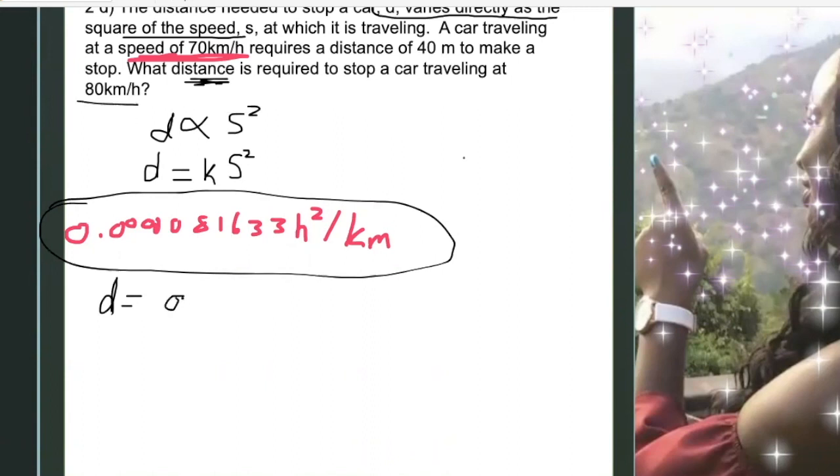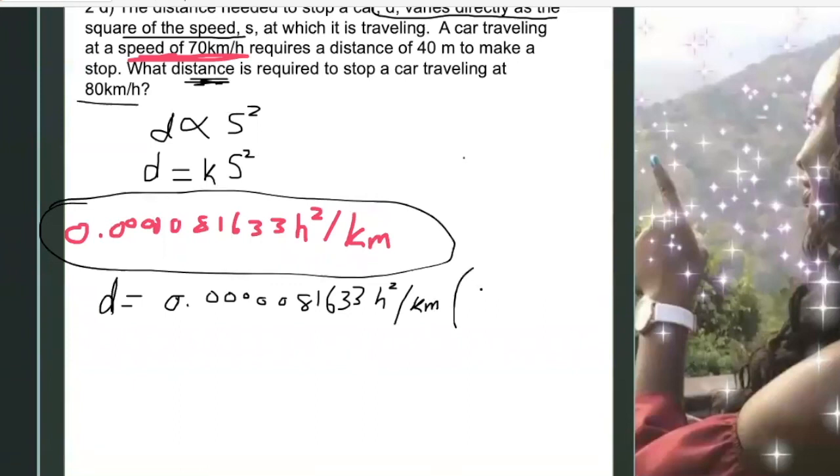So k is 0.12345 81633, and the unit is hours squared per kilometer, times s squared, where s represents the speed.